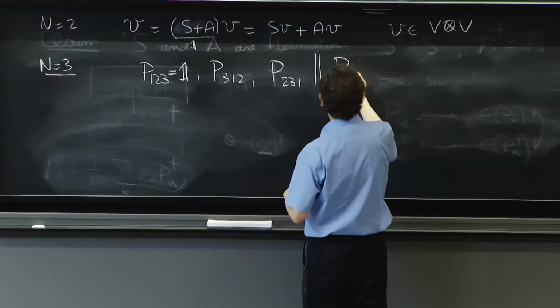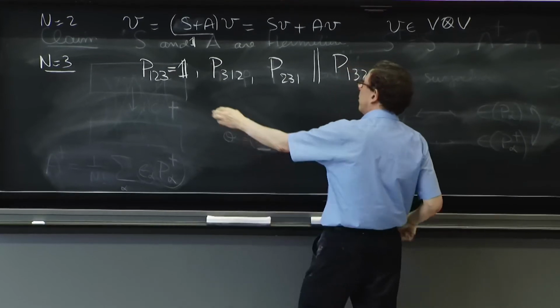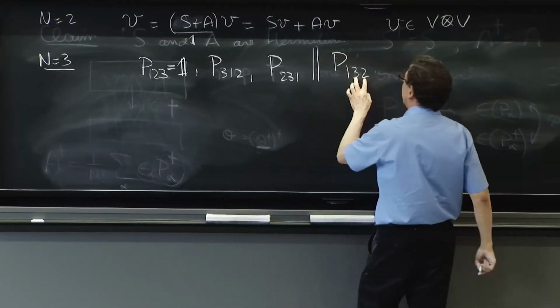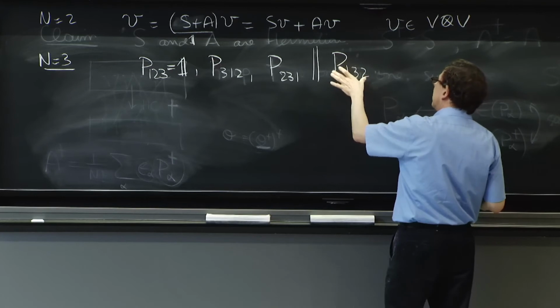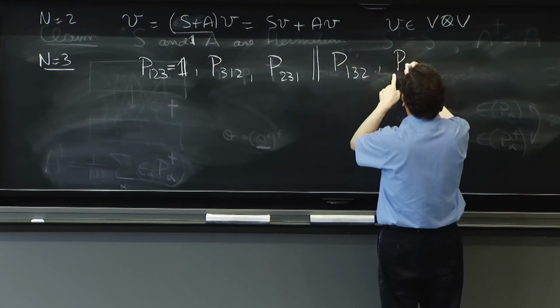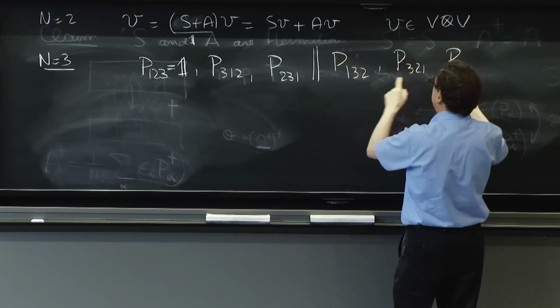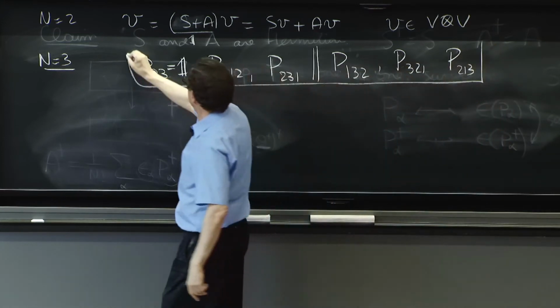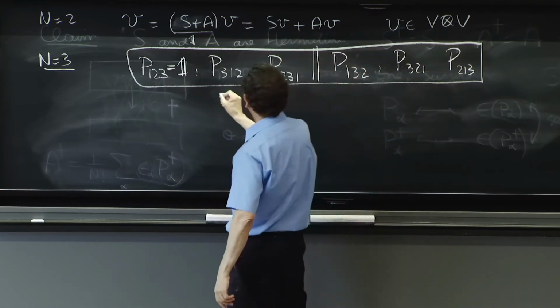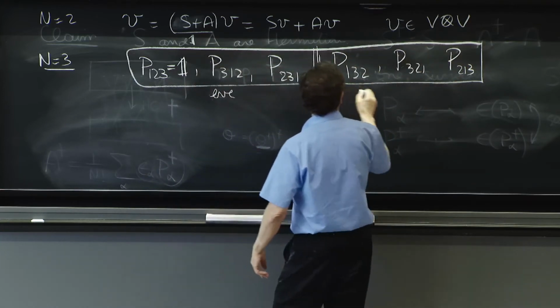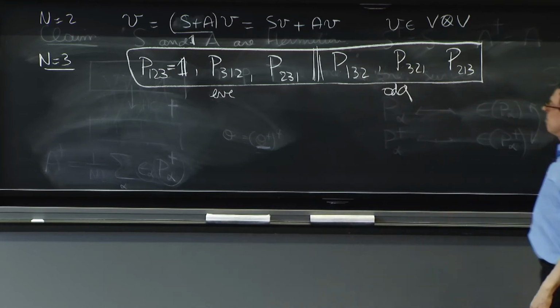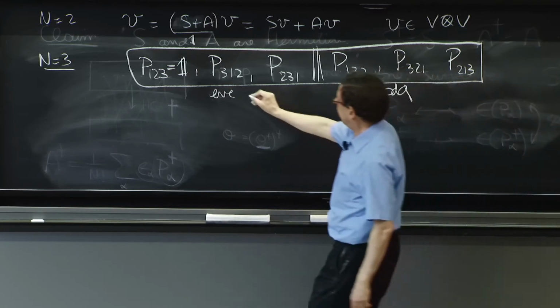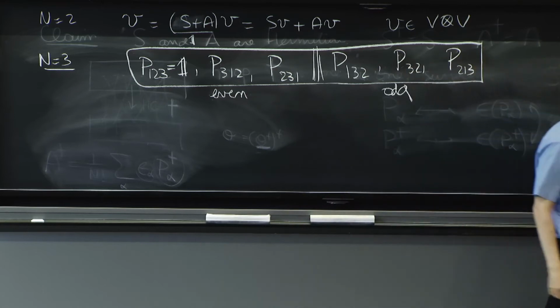Then you have P132, where you flip just 2 and 3, which has one transposition. You can cycle them: P321, P213. These are the odd permutations. So this was for 3 particles, 6 operators, 3 even, 3 odd.